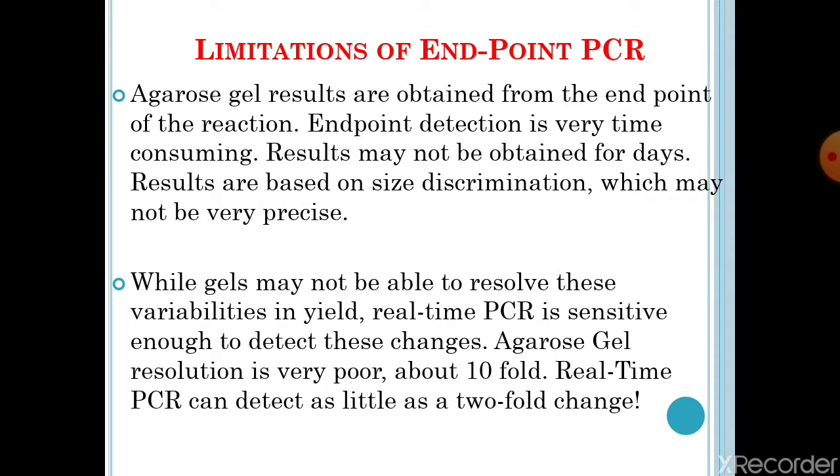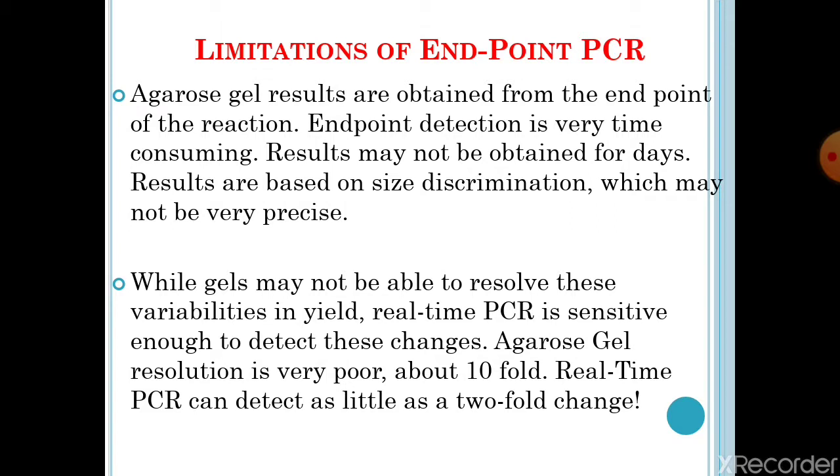Let us have some idea of the limitations of endpoint PCR. Agarose gel results are obtained from the end point of the reaction, so after the PCR is done, we have to separate the products in agarose gel, and then ethidium bromide or some other dye will be used. So endpoint detection is time consuming, and the results may not be obtained for days.